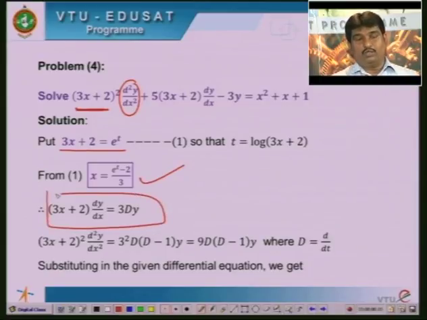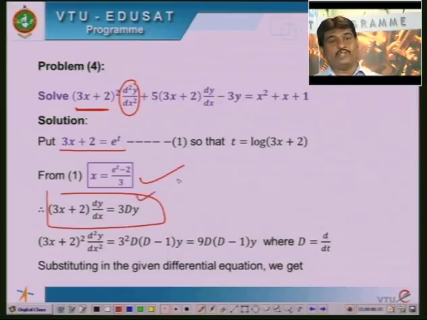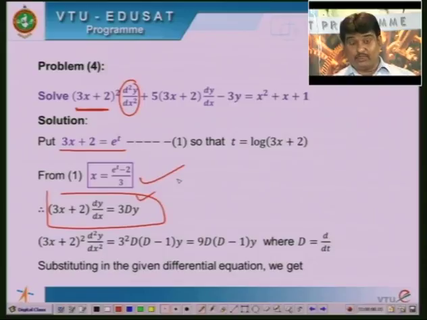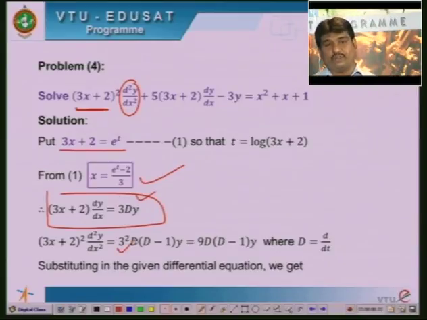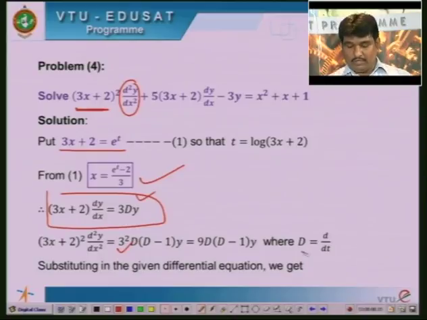You convert all terms with variable coefficients to constant coefficients using the known technique. (3x plus 2) into dy by dx equals a into Dy, and a is 3. Next, (3x plus 2) whole square d square over dx square is a square into D into (D minus 1) into y. A square is 9, where D is the derivative with respect to the new variable t.